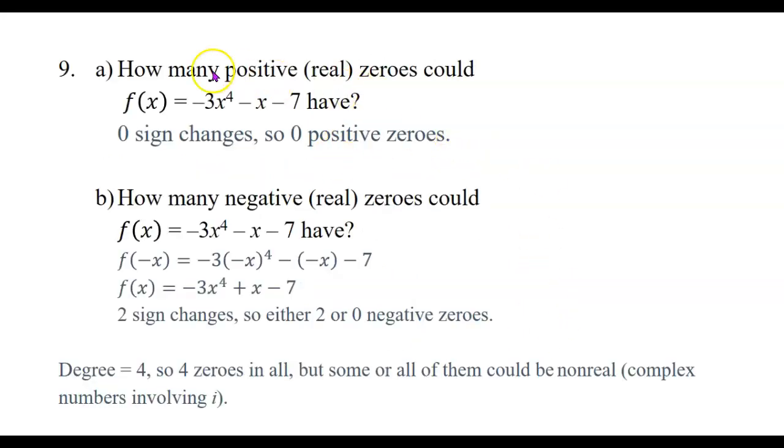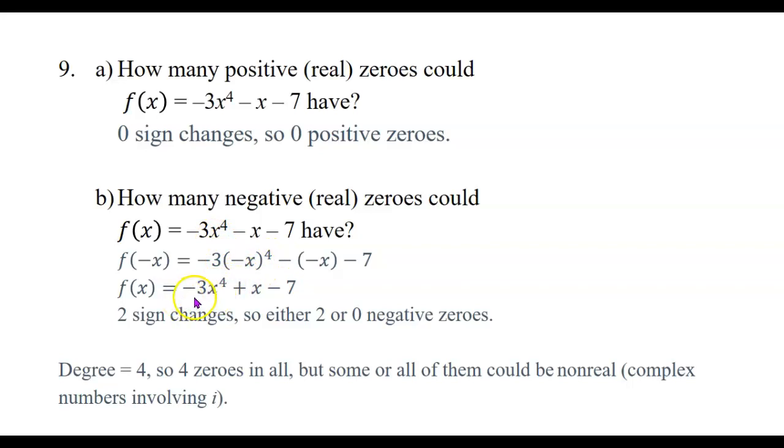One more example. How many positive real zeros could the polynomial negative 3x to the fourth minus x minus 7 have? Well, notice all the terms have negative coefficients, no sign changes there, so no positive zeros. How many negative real zeros could it have? Well, if we go through and replace every x with negative x, a negative to the fourth power comes out positive.